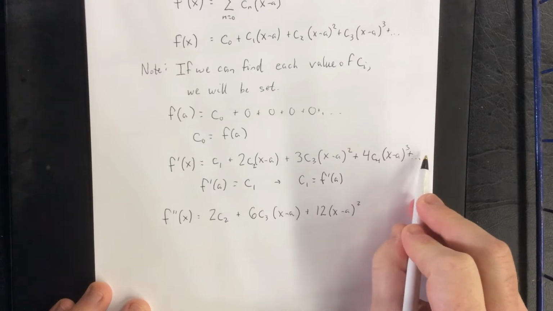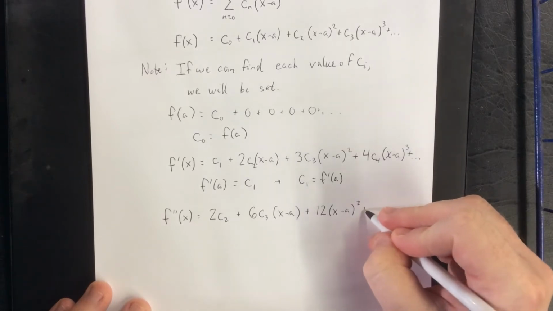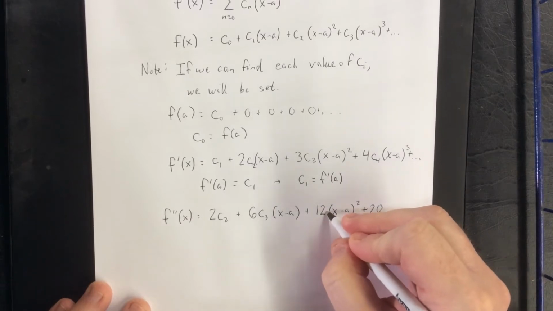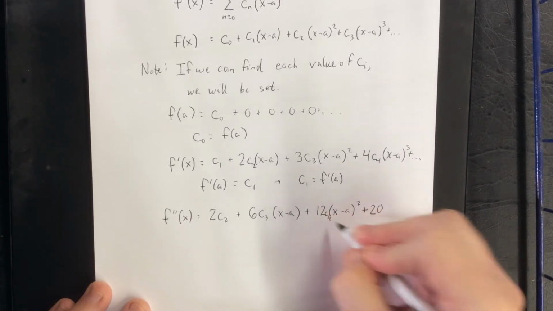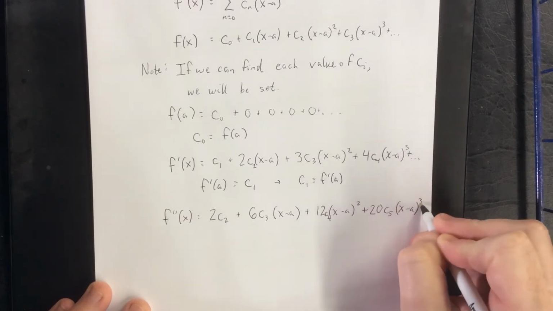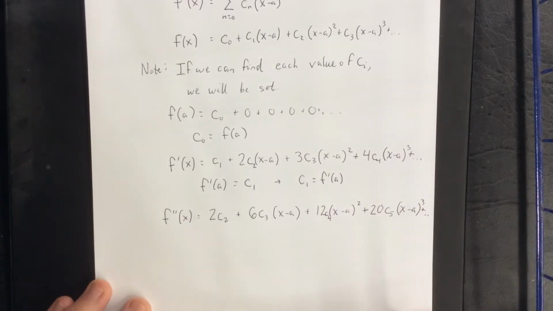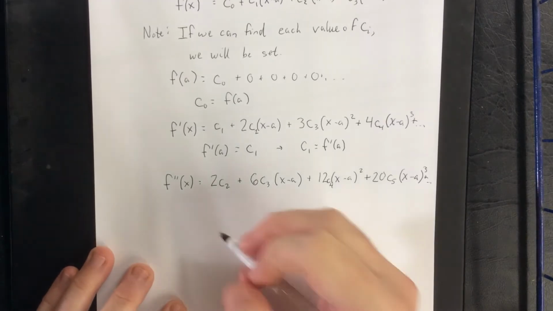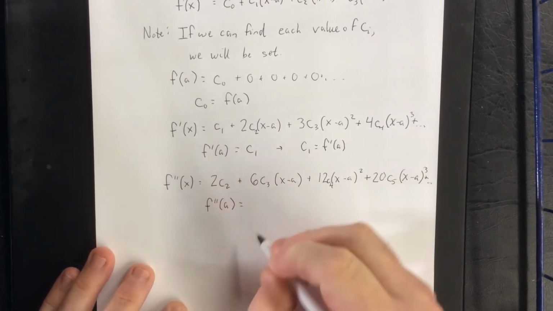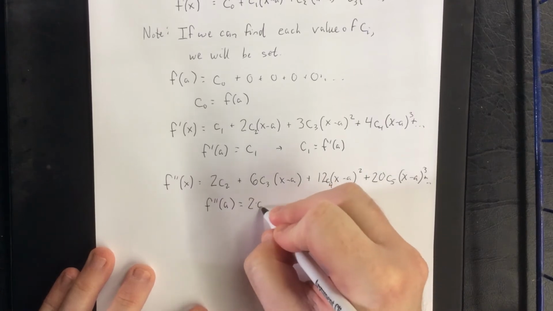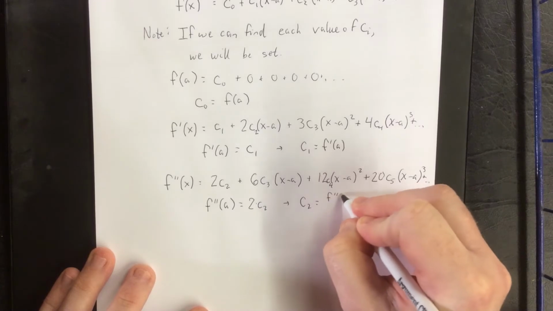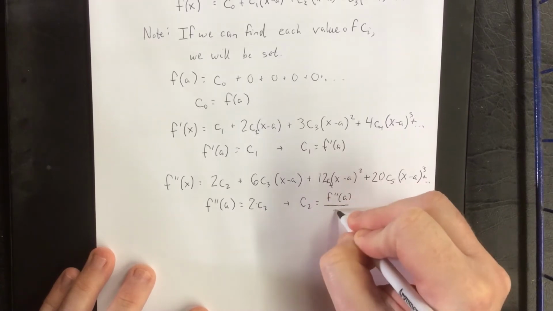The term after this would have been a 5 with a power of 4. Applying the power rule again would become a 20. I'm missing something. That should be c4. That should be c5. Man, keeping track of all these things is such a pain. Hopefully we'll start to see a pattern soon. If I plug in x equals a, I'll get that f double prime of a is equal to 2 times c2. Therefore, c2 is going to be the second derivative evaluated at a divided by 2.